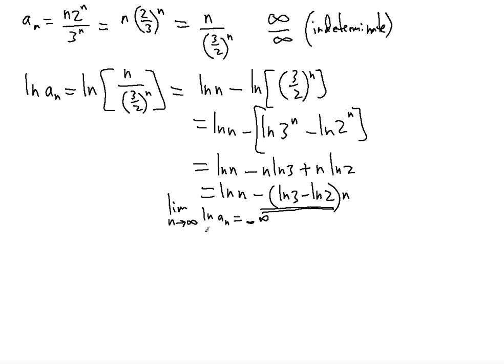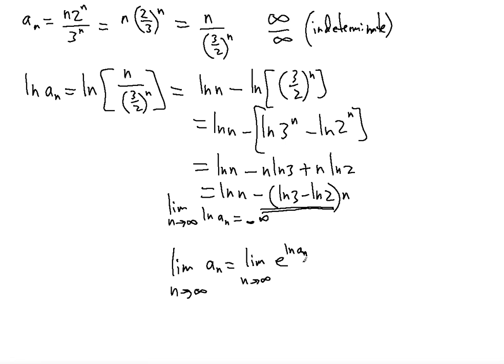So now you're almost ready to evaluate the end result, to see what the sequence will do at the very end, as the nth term goes to infinity. We need to calculate the limit, as n approaches infinity, of the nth term, which is the same as taking the limit to infinity of e to the power of ln of the nth term.